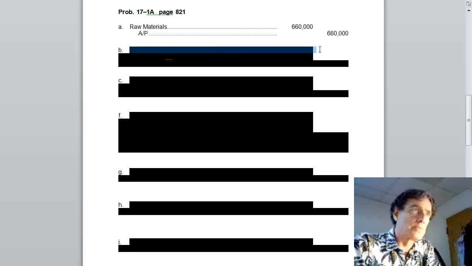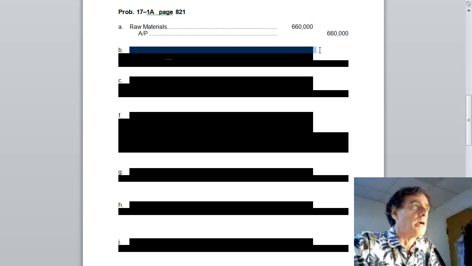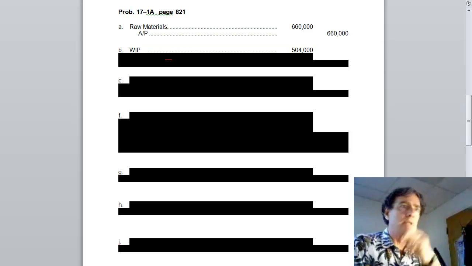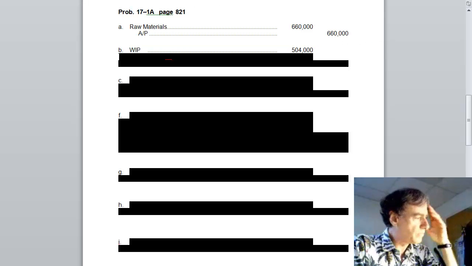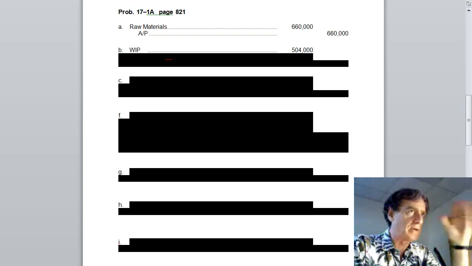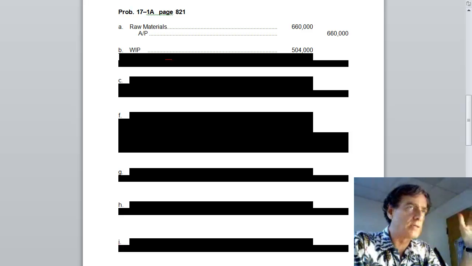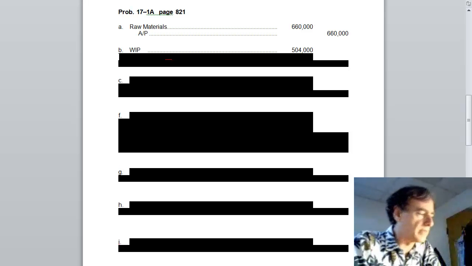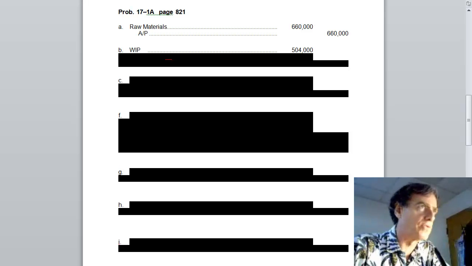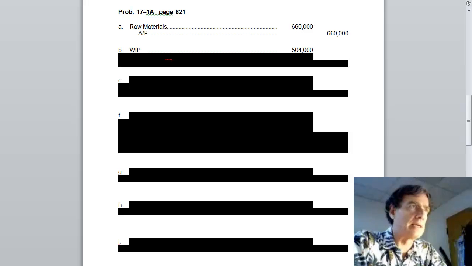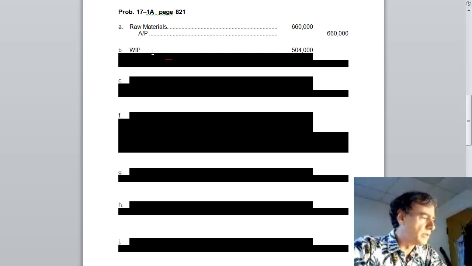So, what ends up happening on this entry is the first piece will debit WIP for 577.5 minus 73.5. It said the total was 577.5, of which means you got to subtract the 73.5 to get to the 504, and you're sort of backing into the amount that was direct materials.